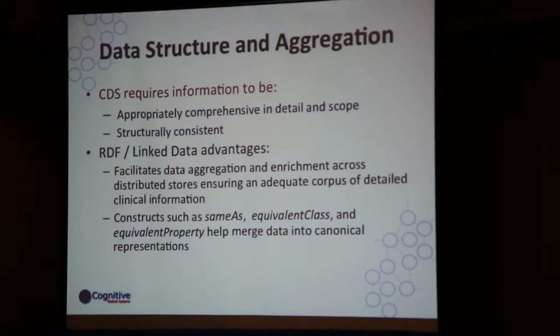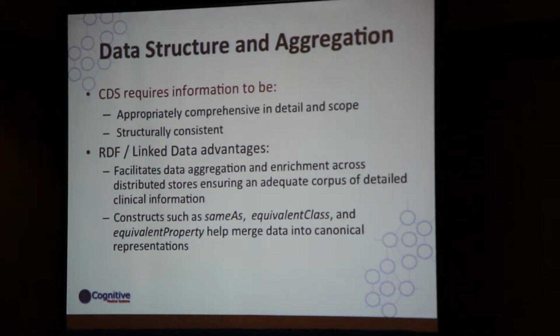So the first of those requirements, data structure. CDS, clinical decision support, requires obviously an appropriate collection of comprehensive and detailed information that is structurally consistent. You can't reason over data that is structurally different. So from a very pragmatic perspective, we need to be able to harmonize our data structures.